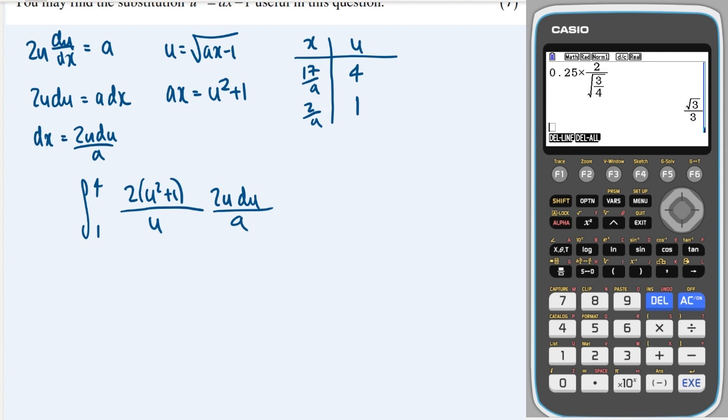But first off, let's cancel the u's here. Let's take an a outside of the bracket, and let's also take a 1 over a, because a is on the bottom. We've got a 2 times 2 on the top, so let's take that out. So we have 4 over a we're taking out as our constants, and this just leaves me with u squared plus 1 du. Perfect.